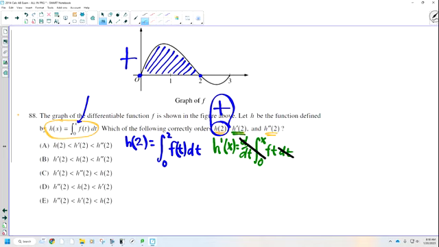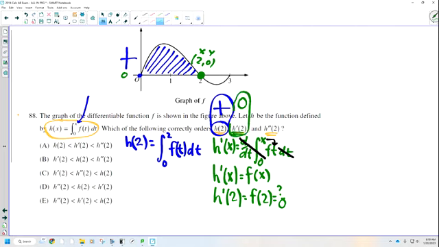So if I want this at 2, I really just want the coordinates when x is 2. What's my y value? Well, here's a coordinate. That y value is 0. That's 2 x, 0 y. So h prime of 2 is 0. So right now, I know h prime of 2 is less than h of 2 because a positive value is bigger than 0.